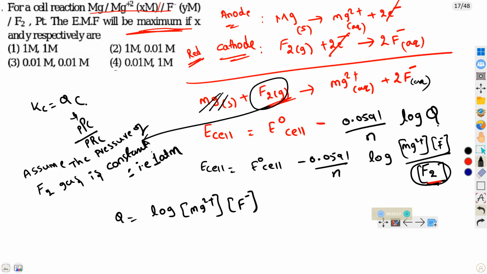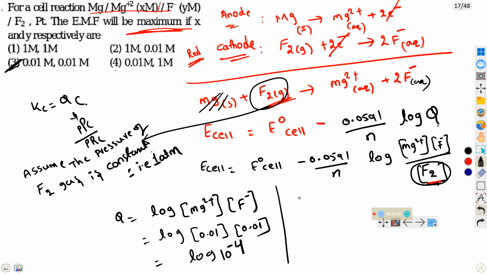You can substitute the values. Suppose you substitute the third option: take Mg2+ as 0.01 and F- also as 0.01. Then log of 10 power minus 4.